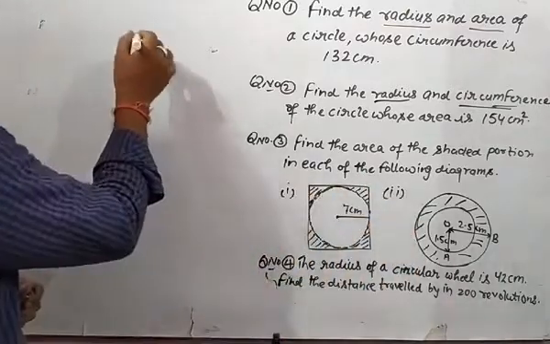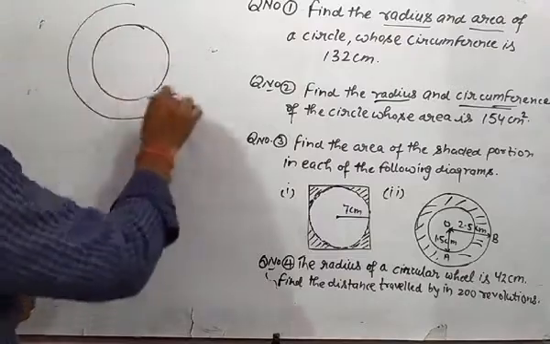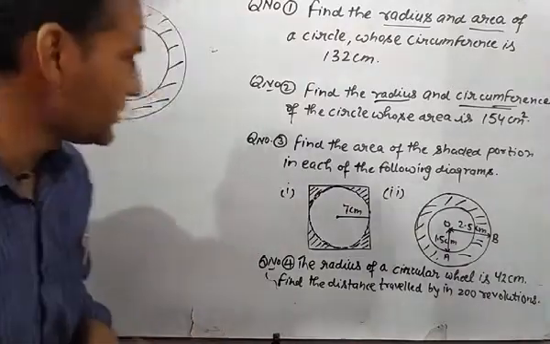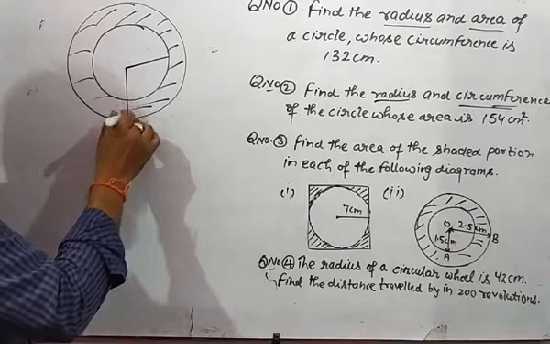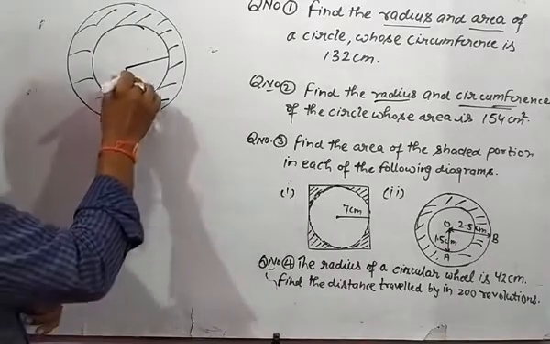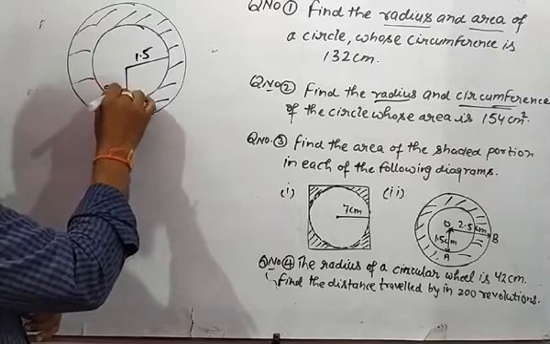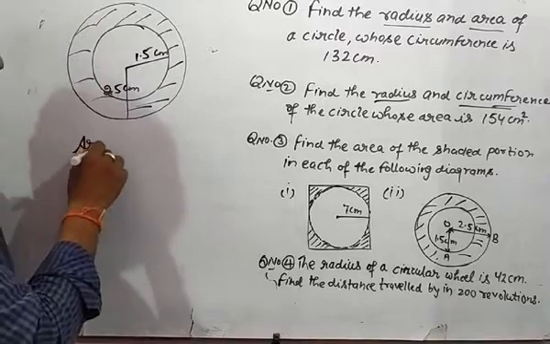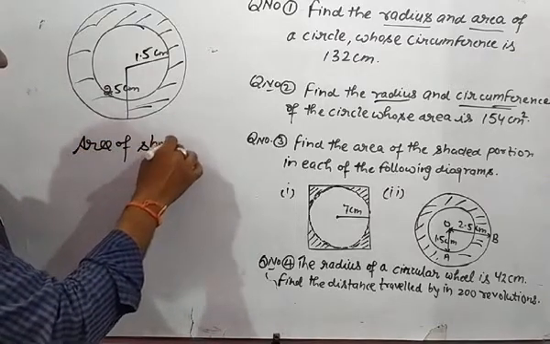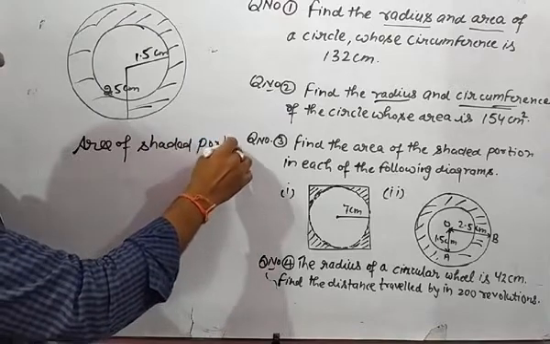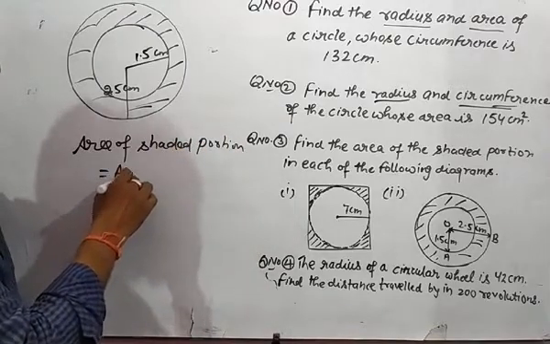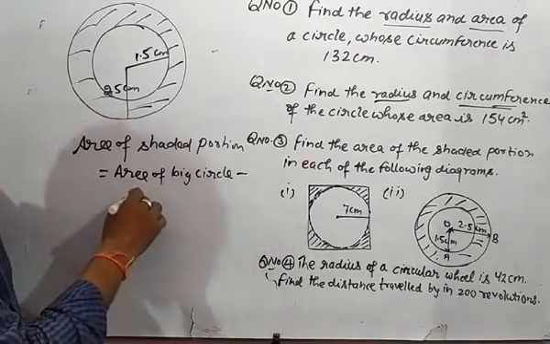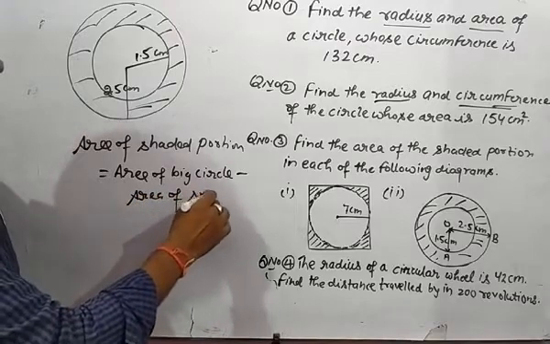Now the next one we have is a circular ring, and this is the shaded portion in the circular ring. Whenever you get these kinds of figures, you have a small circle and a big circle. The small circle's radius is 1.5 and the big one is 2.5 centimeter. So to find the area of the shaded portion, we will write area of big circle minus area of small circle.